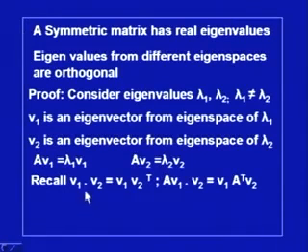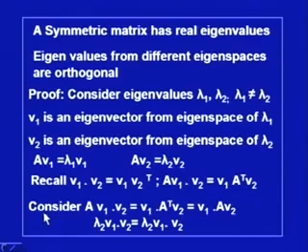Now, we recall some of the definitions from inner product, that V1 dot V2 is equal to V1 multiplied by V2 transpose, and A times V1 dot V2 is equal to V1 dot A transpose V2. These properties we use to establish the result.